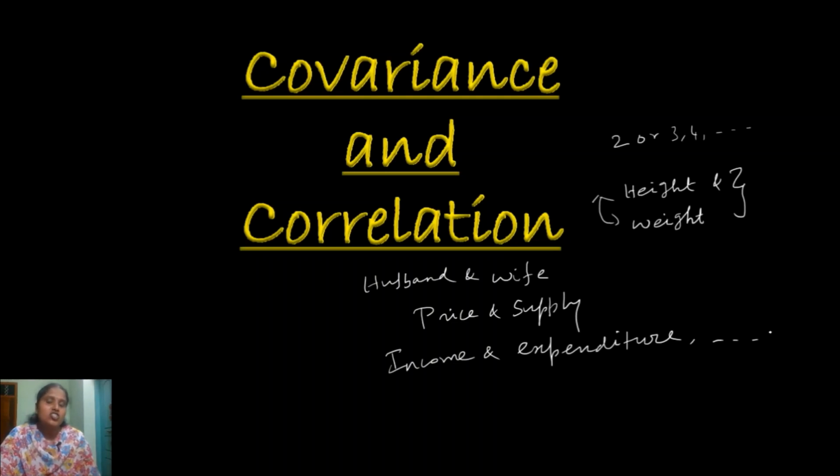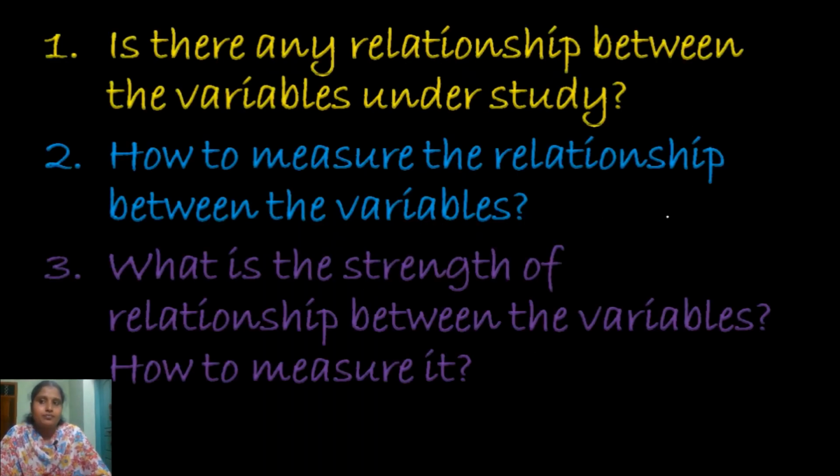With this short introduction, let me now move on to the topic with three big questions. Since we are dealing with distributions with only two variables, my first question is: is there any relationship between the variables in a study?